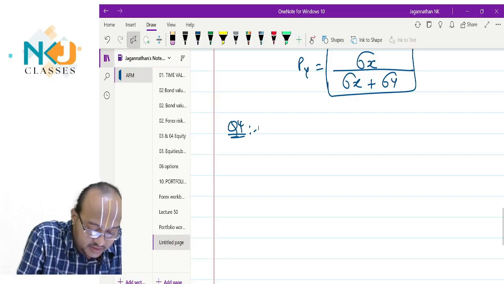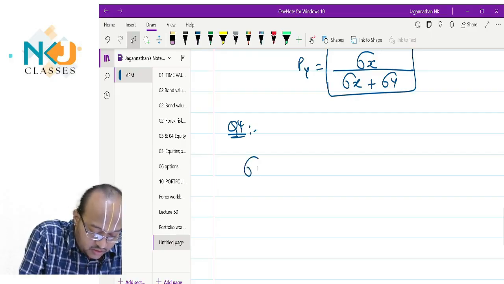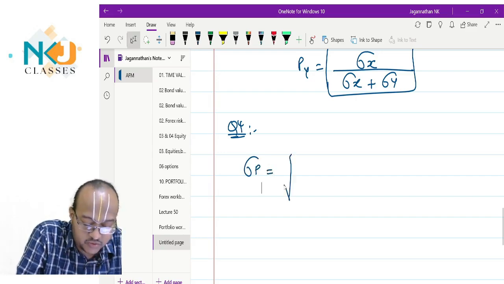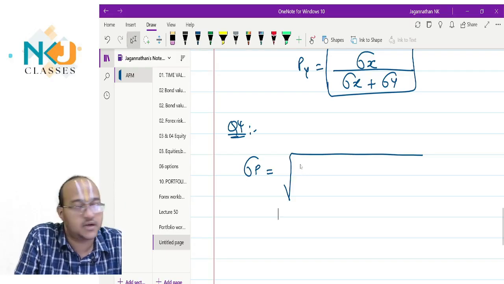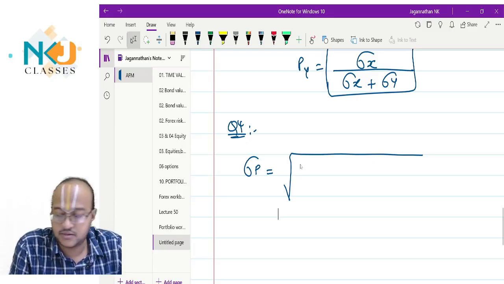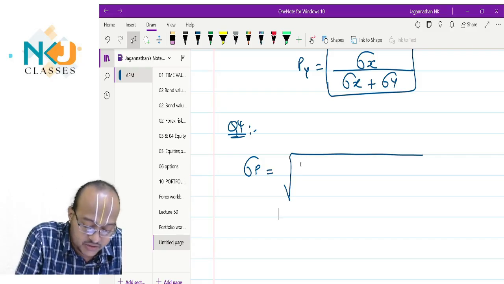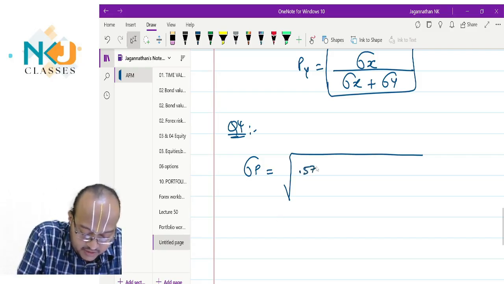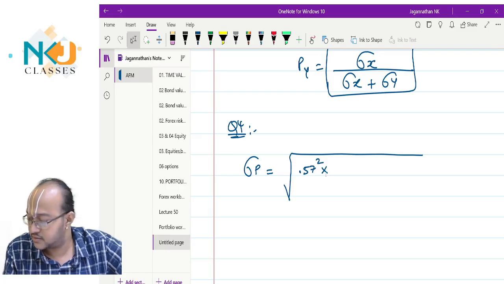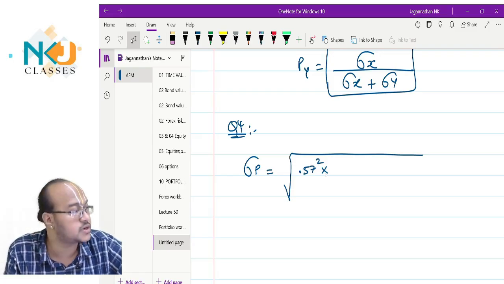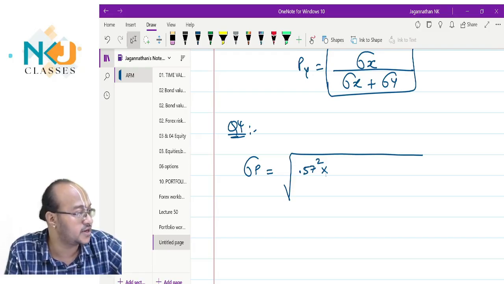Here, see here, what is the portfolio risk? Portfolio risk formula: weight 1 square, weight 1 is 57. What is the weightage of X? 57%, 0.57 square into, what is the risk of X? Sigma X, how much? 15.